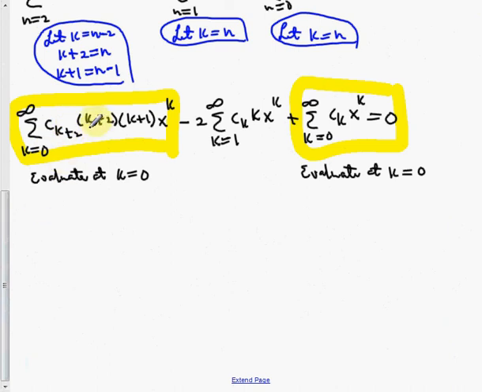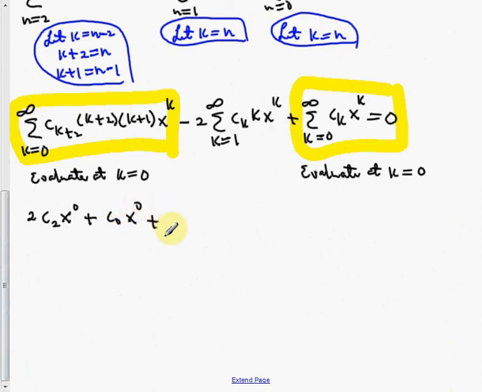That's going to give me 2 times 1, so that's 2 times c sub 2 times x to the 0. And then I'll come over here and evaluate that third summation. So that's plus c sub 0 times x to the 0.